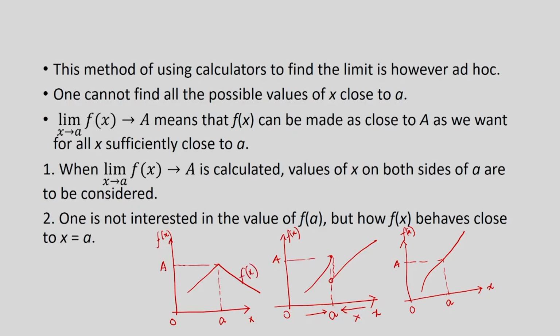Actually, here you can say that the function has a limit: as x tends to small a, the value of the function tends to capital A. So, the limit of the function exists at x equal to small a. If there is a kink like this, then there is no problem, but if you have a gap like this, then there is a problem of the existence of the limit.